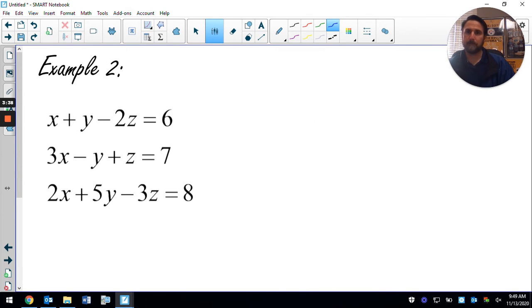All right. Here we have a little bit larger one. So 3 equations, the same 3 variables. If we convert this into a single matrix equation, we put all the coefficients in 1, so this is 1x, 1y, and -2z. The next equation is 3x, -1y, and positive 1z.